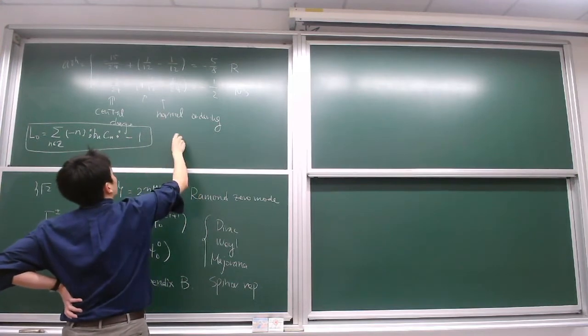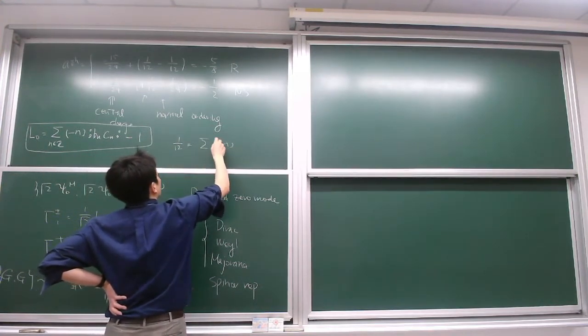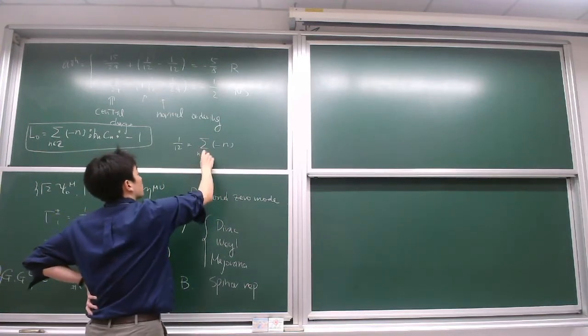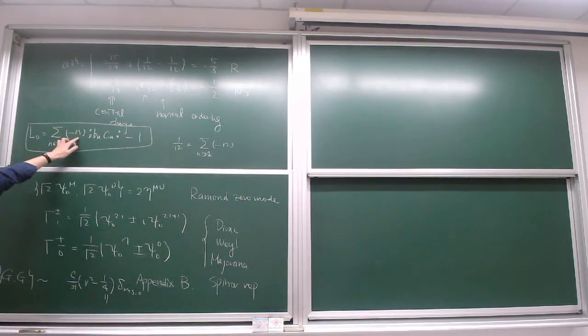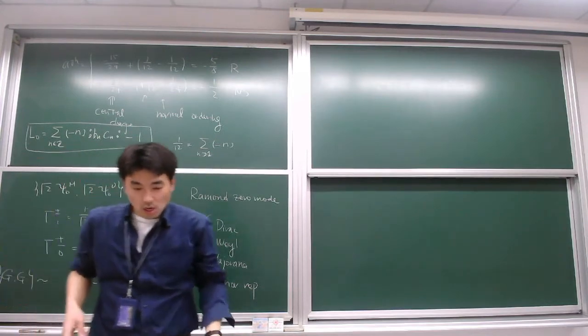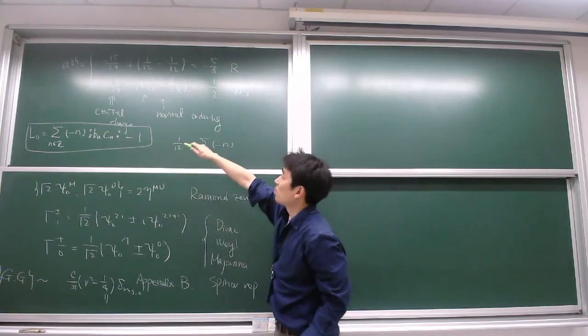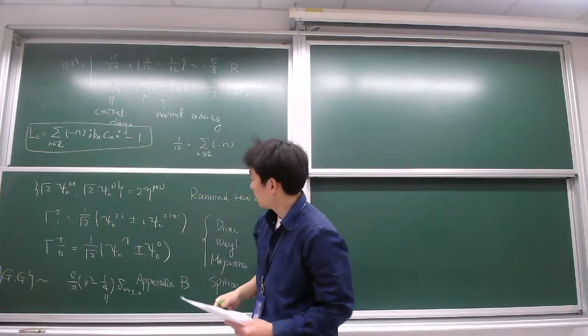So this 12 plus 12 is coming from the sum over n, where n is greater than 1. The normal ordering comes from this minus n, minus sign, and this plus sign comes from this minus n L0. So that's the reason you get the plus sign here. So that's the correction I needed to make from last time. Okay.